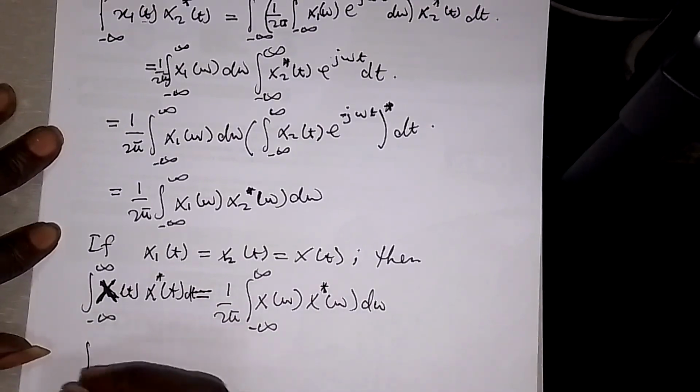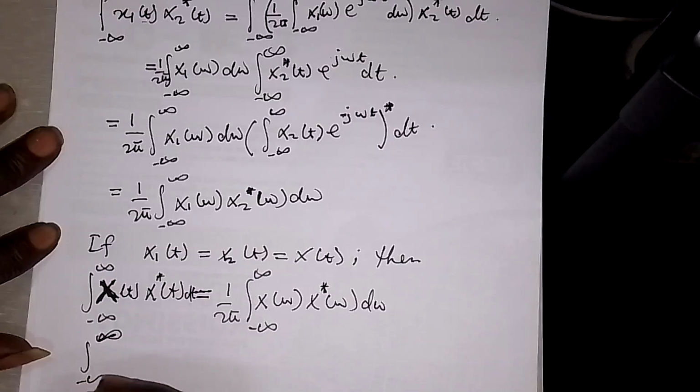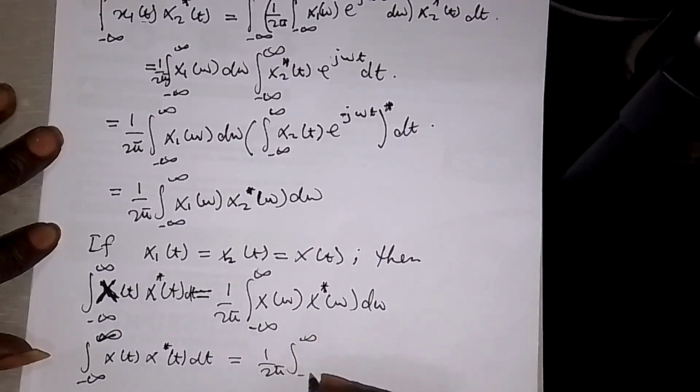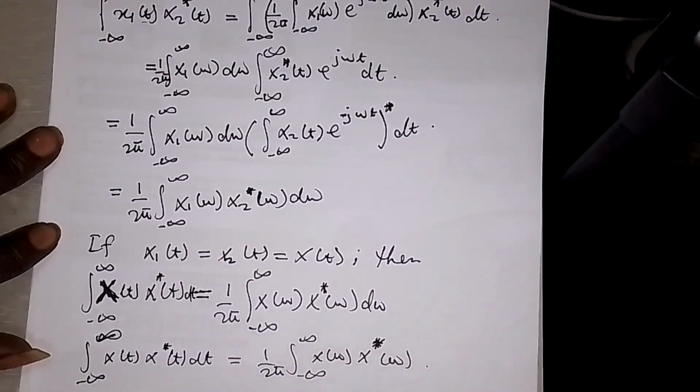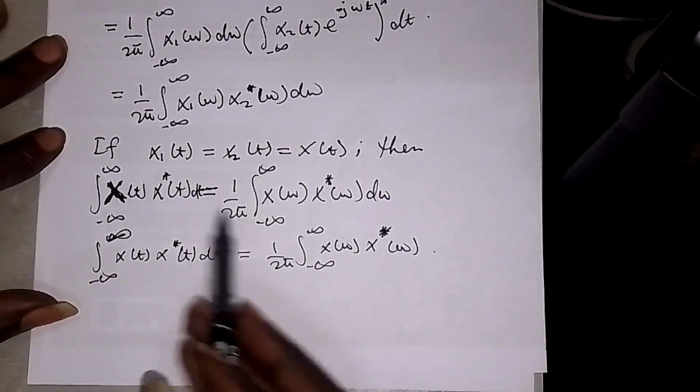Let me rewrite it well for you: the integral from minus infinity to infinity of x of t into x of t complex conjugate dt is equal to 1 over 2 pi into the integral of x of omega into x of omega complex conjugate d omega.